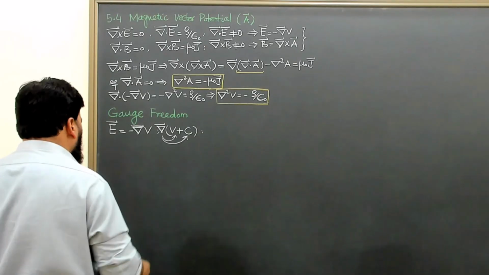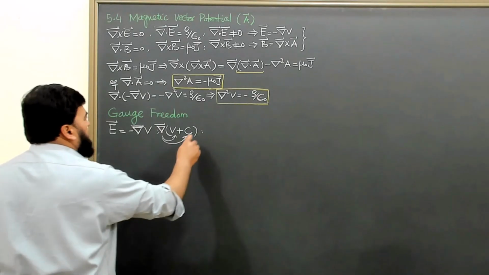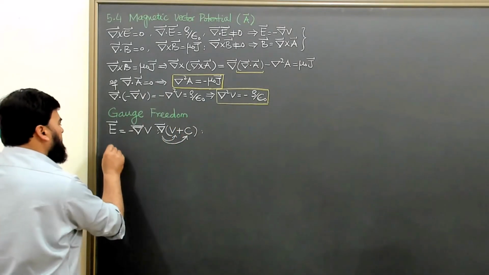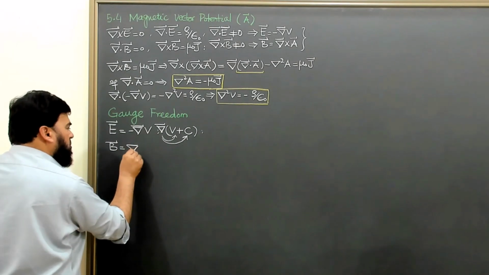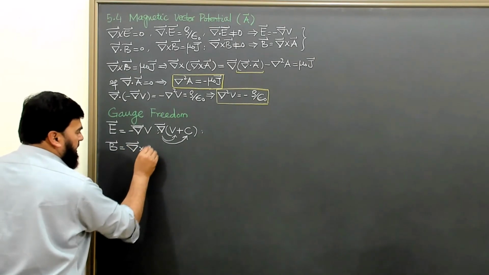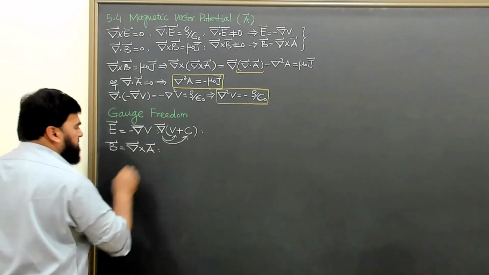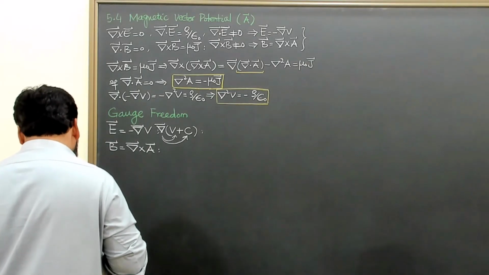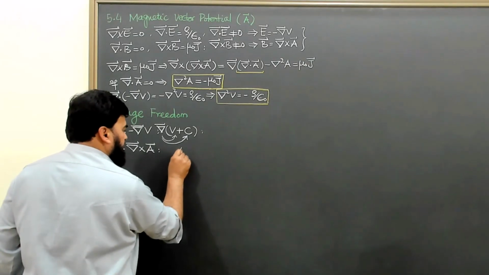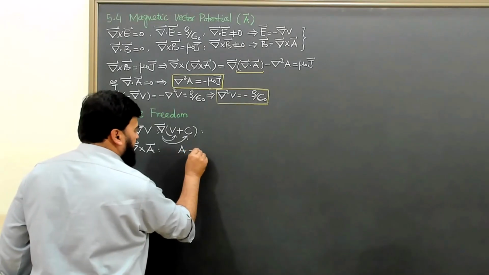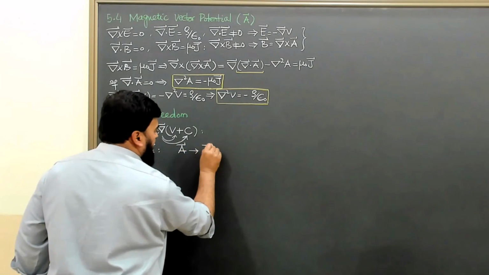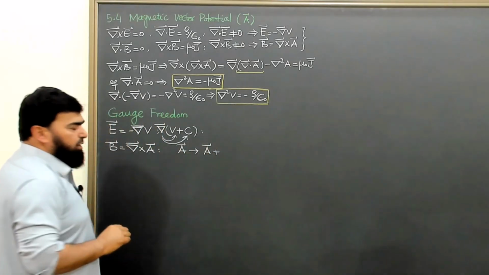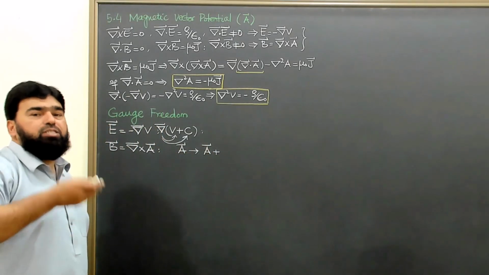Now consider the case of the magnetic vector potential, the gauge freedom. In this situation, we know that B is equal to del cross A. And now what if I add something to A, I raise it up.